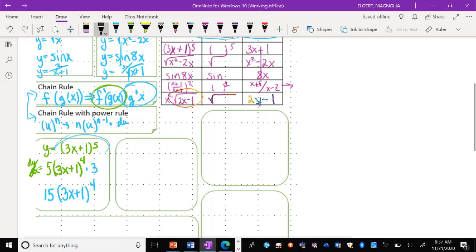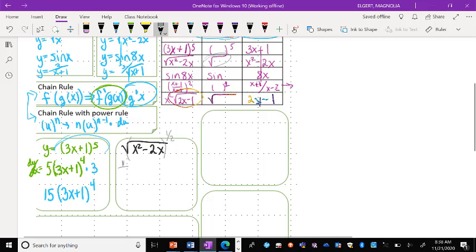Let's do this one. Let's do the square root of x squared minus 2x, and I'm going to try to take the derivative of that. So what we need to remember is that this square root is the 1/2 power. Now we're going to do this. So we bring the 1/2 in front because that's the outside function.